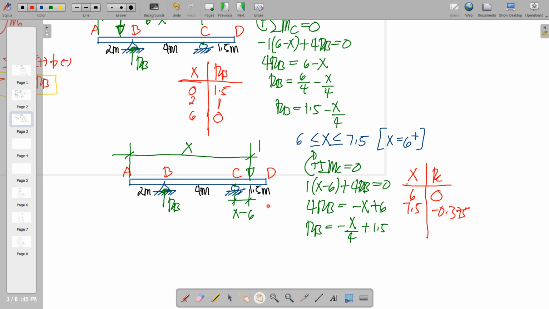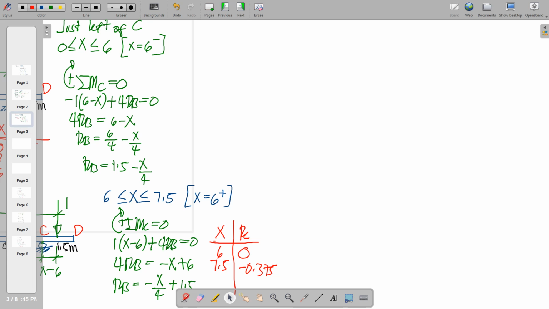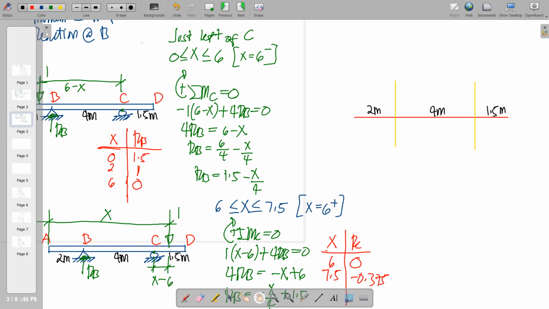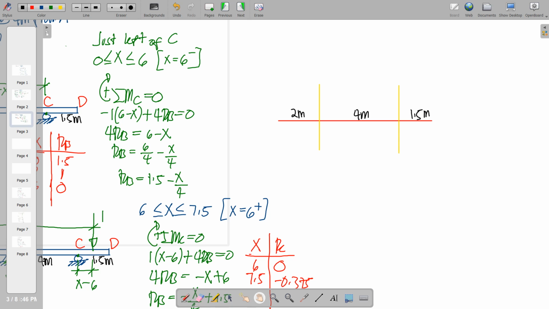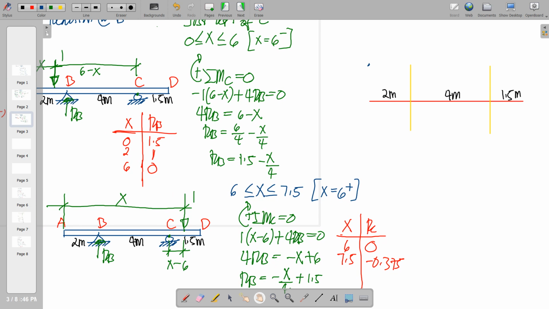Now with all those values, let us establish our diagram or ILD. So we have your 2, 4, and 1.5 segments. So your value for RB for x equal to 0 is this one. X is equal to 0, RB is equal to 1.5. Say that is the point, and then when x is equal to 2, your value is equal to 1.